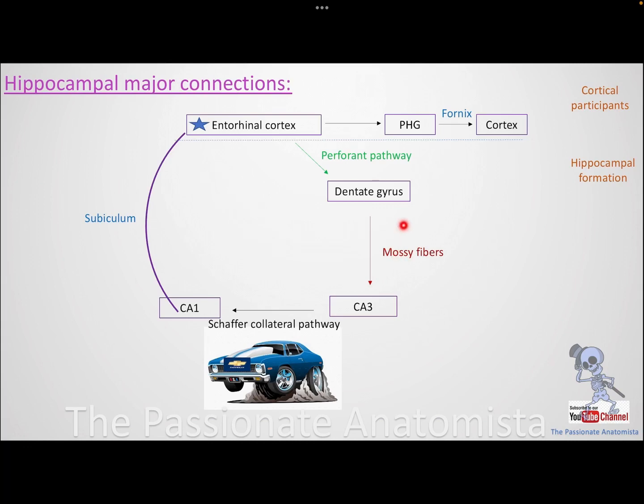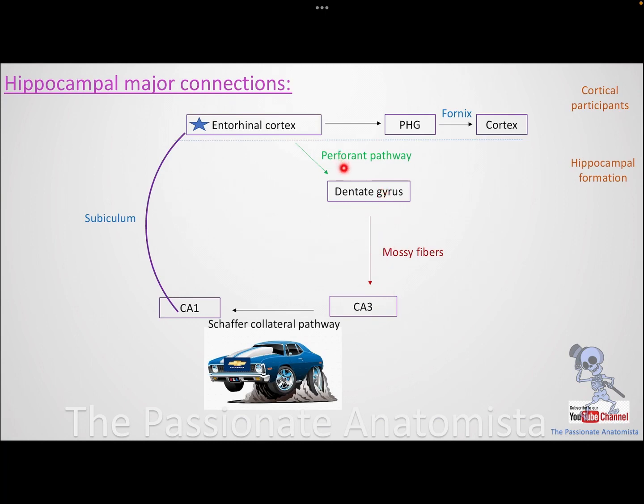Once you have the information in the dentate gyrus, the mossy fibers are going to take you to the cornu ammonis. It's going to be your bus. Let's say this is the letter S. I didn't prepare a mnemonic for the mossy fibers, so just remember that it's like a bus that will take you from the dentate gyrus to the cornu ammonis.